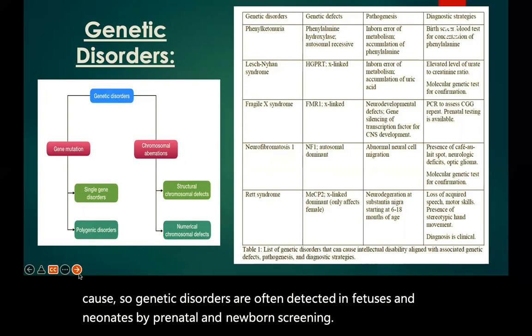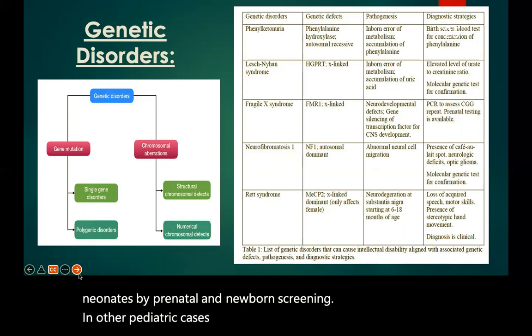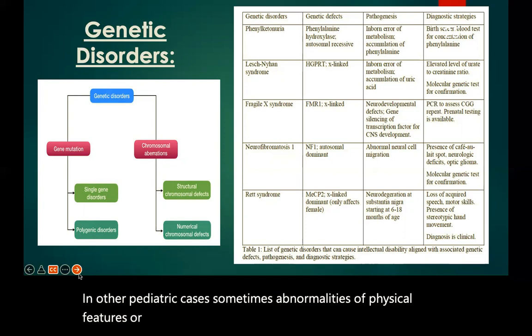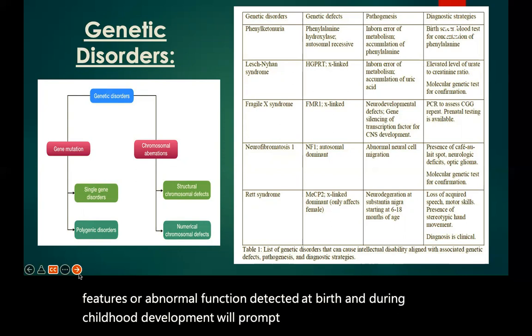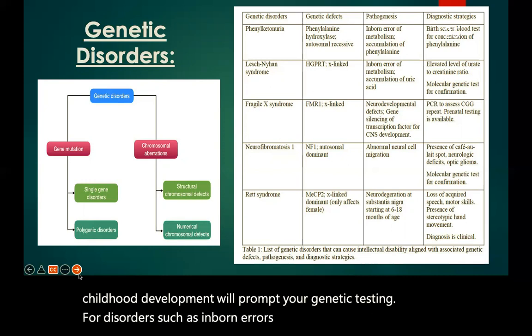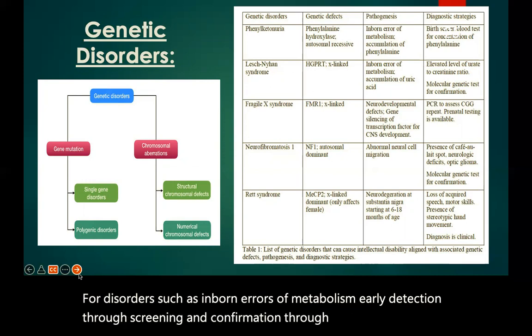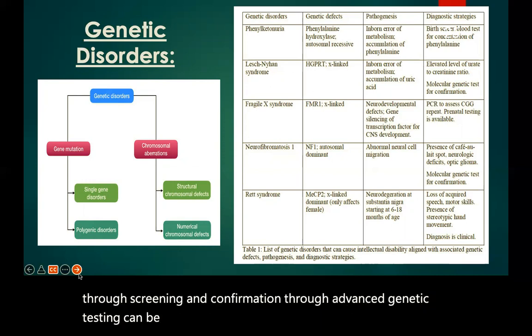In other pediatric cases, sometimes abnormalities of physical features or abnormal function detected at birth and during childhood development will prompt genetic testing. For disorders such as inborn errors of metabolism, early detection through screening and confirmation through advanced genetic testing can be life-saving or life-extending when treatments can be initiated early.